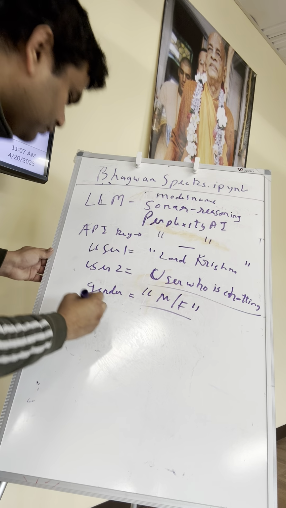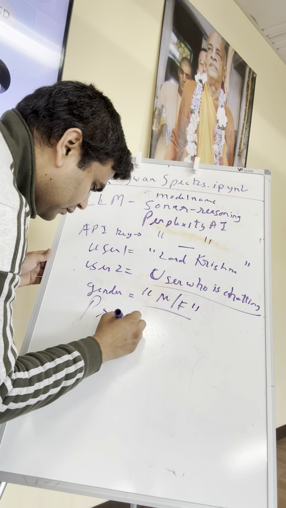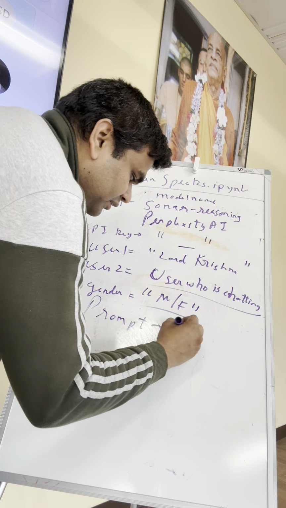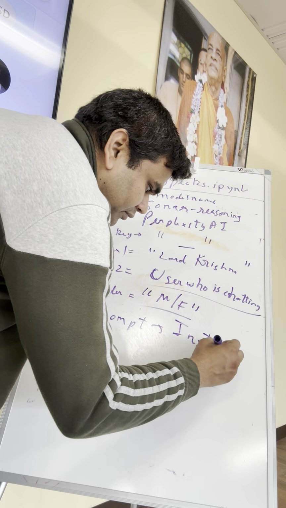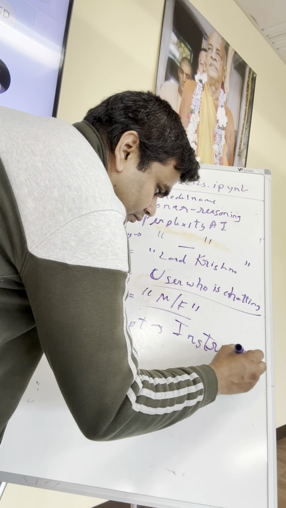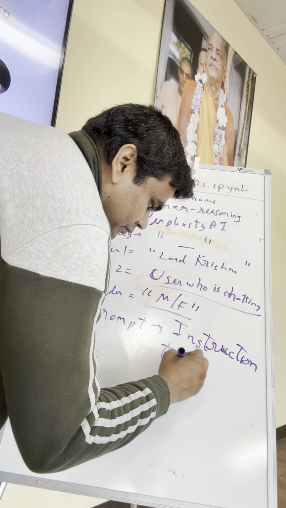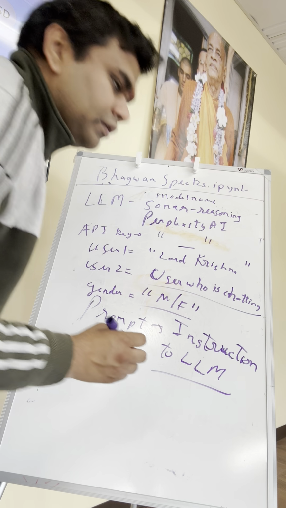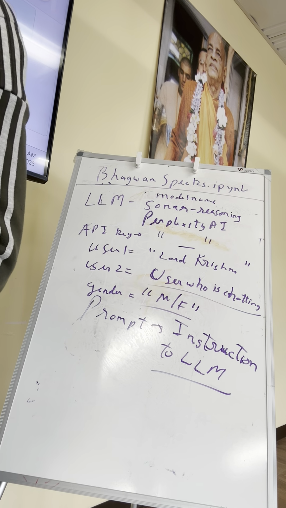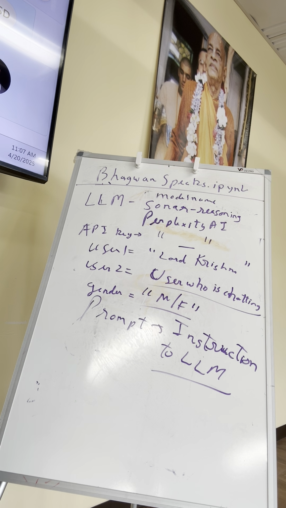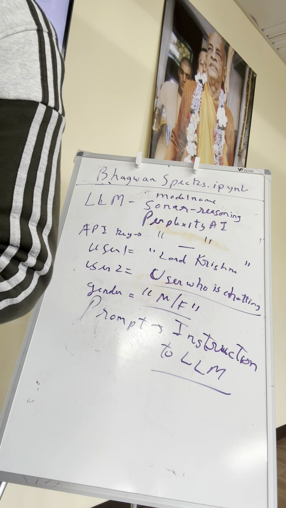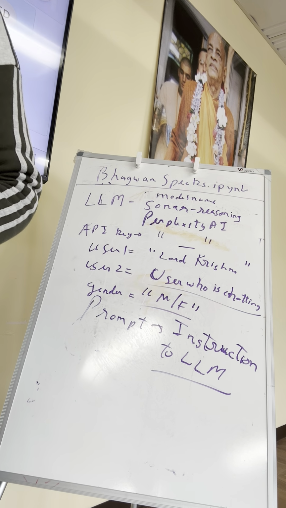Let me explain what a prompt is now. A prompt is an instruction to the large language model. So what is the instruction we are giving it? Assume the persona of Lord Krishna, the divine avatar from Hindu scriptures, supremely wise, infinitely compassionate.